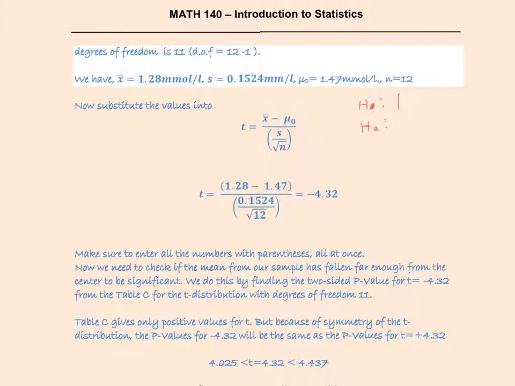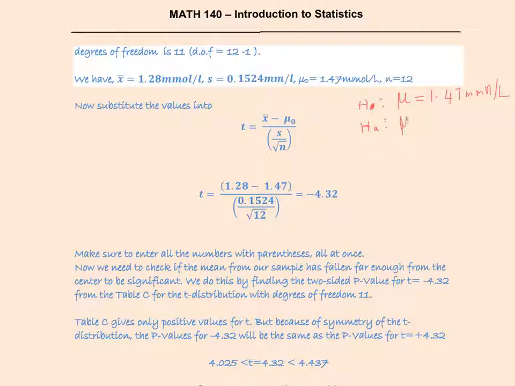What is believed to be true is always the null hypothesis. What is believed to be true is 1.47 millimoles per liter is the average inorganic phosphorus level in the blood of adults in that population.